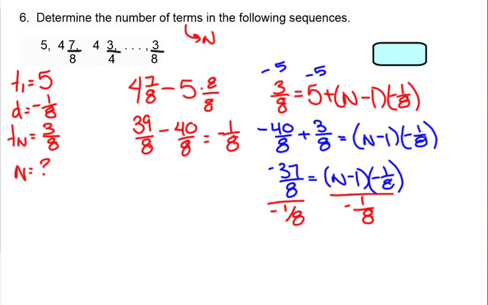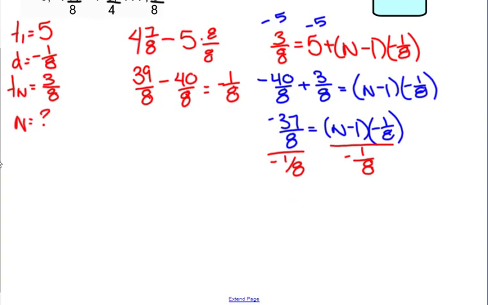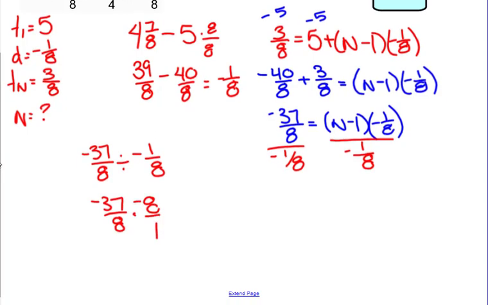If you're looking at that and going, oh my gosh, stacked fractions, remember what we really have is negative 37 over 8 divided by negative 1/8. When we divide fractions, we multiply by the reciprocal. So times negative 8 over 1. That looks like a much more doable thing.